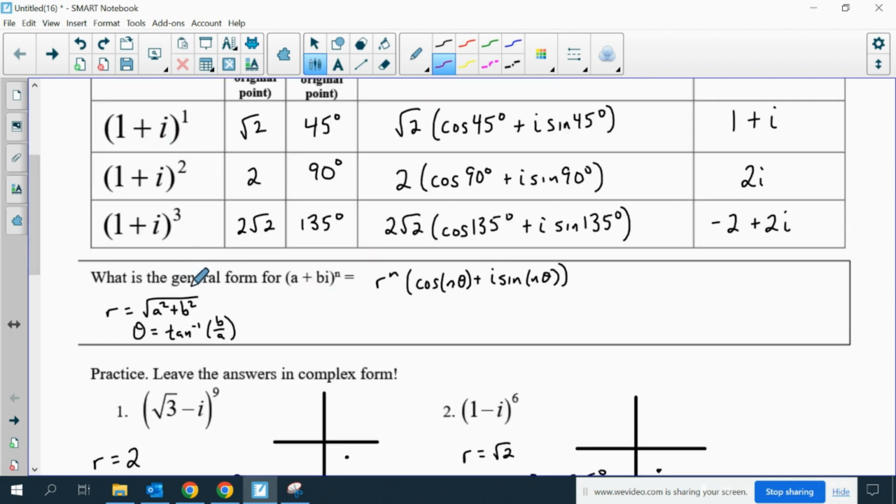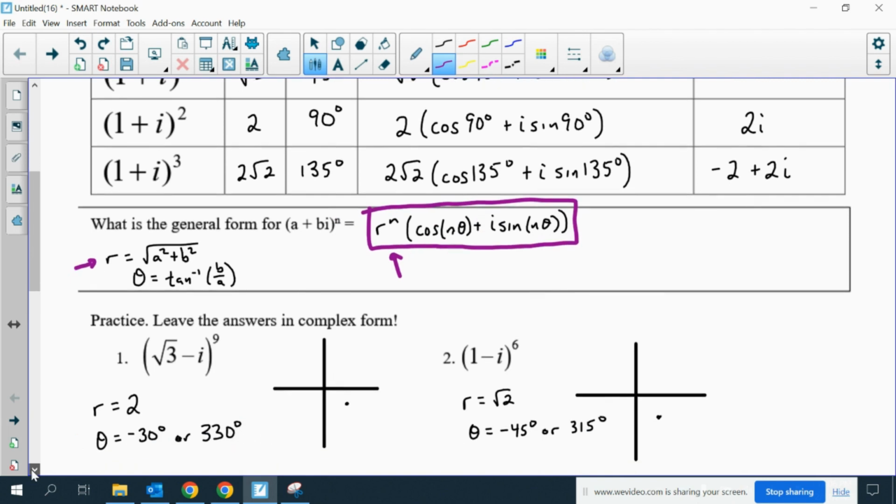If we take a look at the general form, if the radius is √(a² + b²) and theta is the arctan, I can get rⁿ times (cos nθ + i sin nθ). So notice that I multiply r by itself as many times as I need to, and then I just multiply theta by the power because I add the angles that many times.